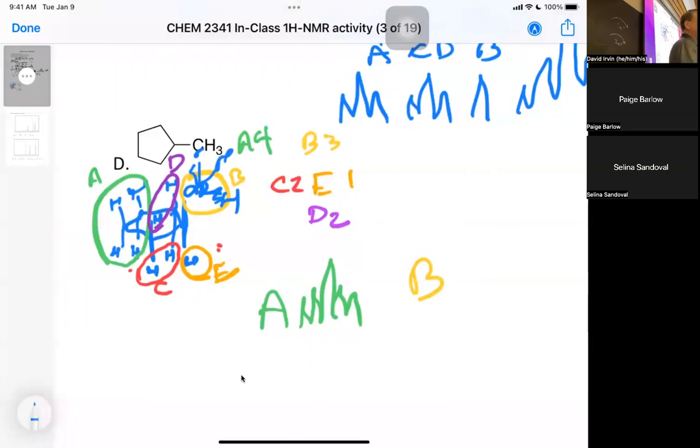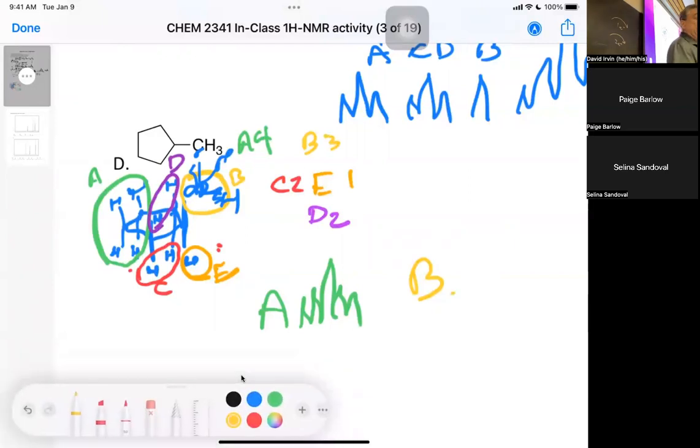And that makes this hydrogen E the only one 3 away. It's the only one that's 3 away, 1 hydrogen. Count through the bonds: hydrogen to carbon, carbon to carbon, carbon to hydrogen. 3 bonds. Okay. So that's going to make B a 1 plus 1 is equal to 2, a doublet. So B is a doublet.